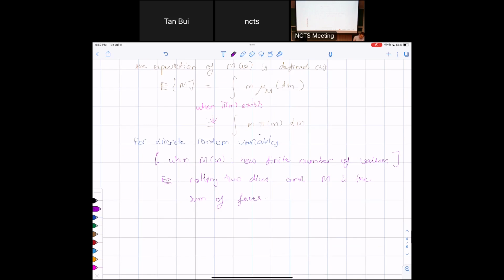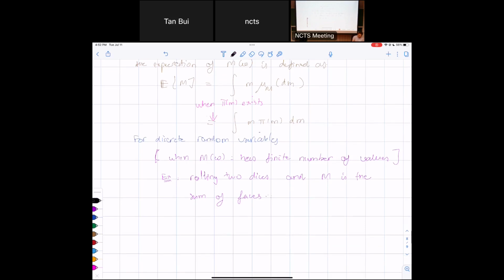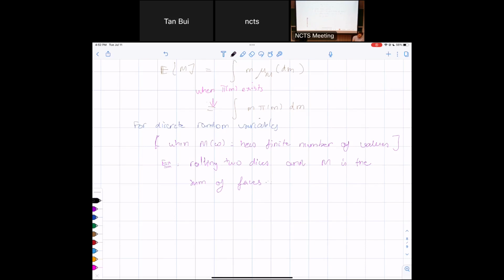I think that is one of the popular games in casinos, is that correct? You roll the dice, you add up, and if you are above something, you get some money. I don't play, but I saw something like that, right? So M has only a finite number of values, right? It is either 2, 3, 4, 5, up to what is the maximum? 12. Agree? So M has a finite number of values.